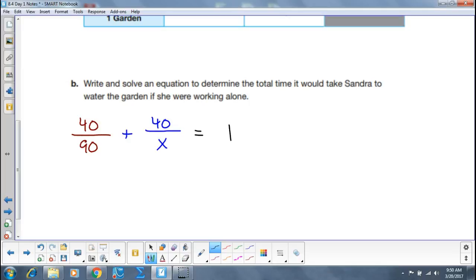Now, mentally, if it takes Maureen 90 minutes to do it by herself, and together they do it in 40 minutes, rough estimate, how long should it take Sandra to do it?